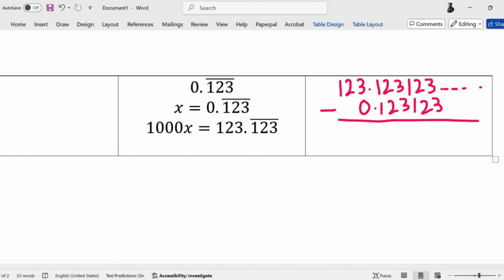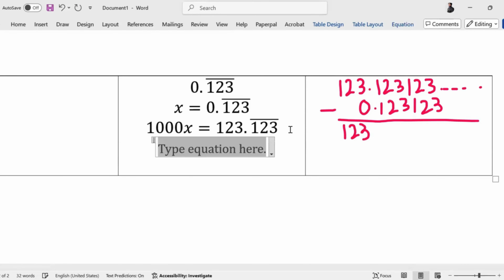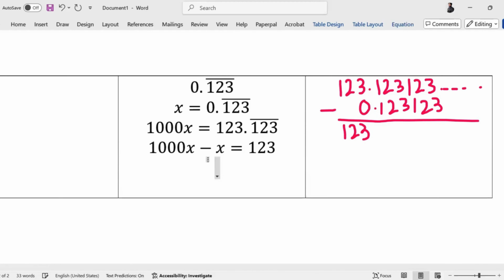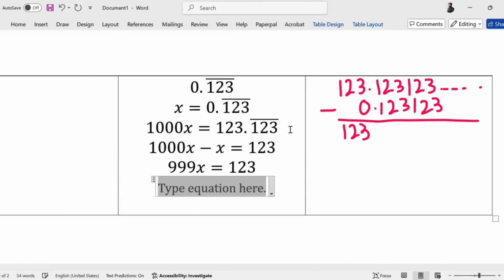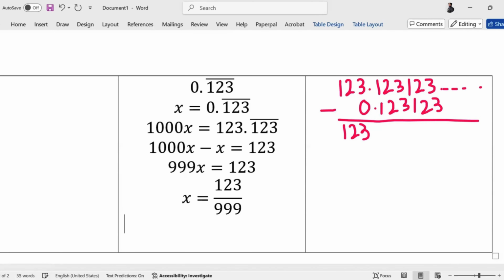So all the same numbers cancel out after the decimal and I'm left with 123. So 1000x minus x is 999x equals 123. x is 123 upon 999. Can this be simplified? Yes. Which number? Good. Simplify this with 3.